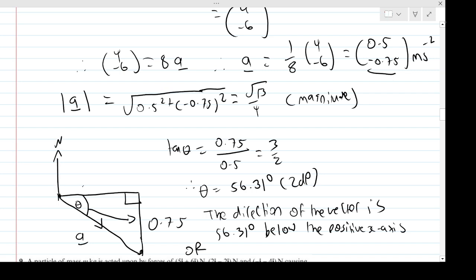Then actually it's quite simple, because we have the first 90 degrees and then theta to get to the vector. So the bearing, we could say, the vector is on the bearing of 90 add 56.31, which is 146.31 degrees.